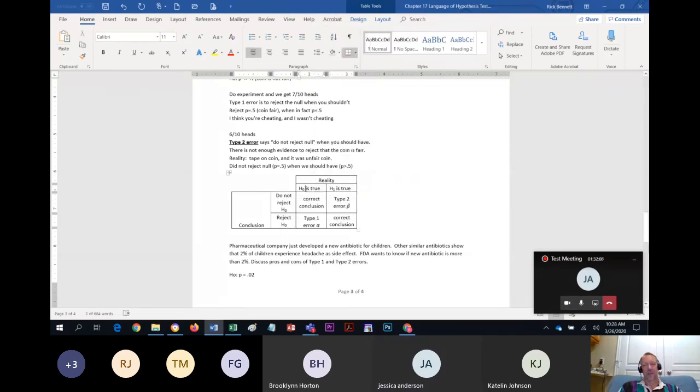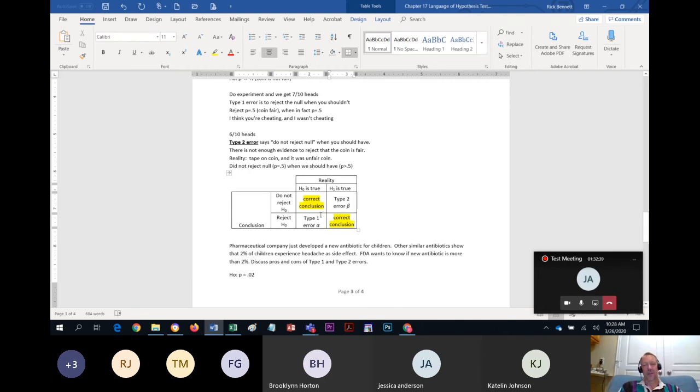Now, it could be that the null hypothesis is true, we don't reject the null hypothesis, and that would be a correct conclusion. It also could be that the alternative is true, and we reject the null, and so because the alternative is true and we reject the null, that would also be a correct conclusion.